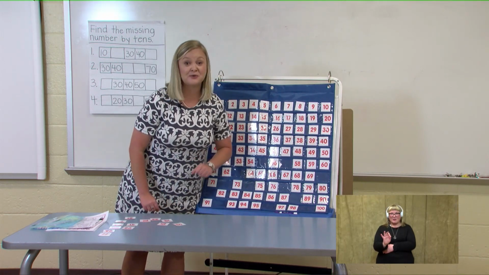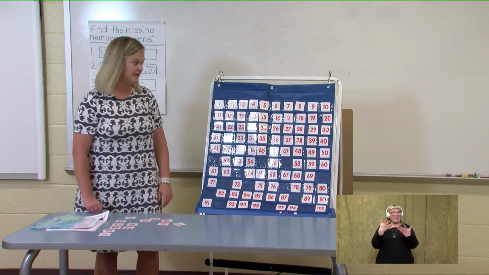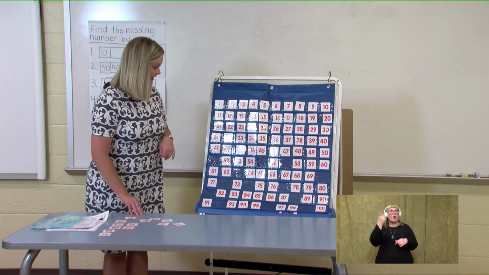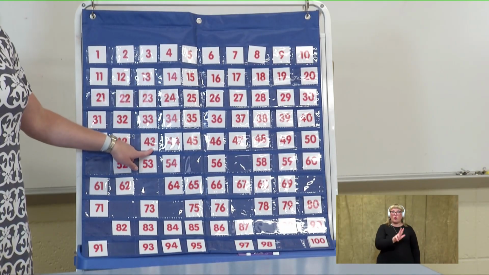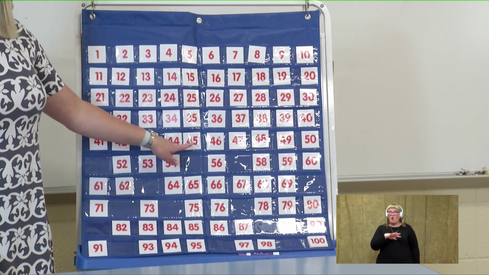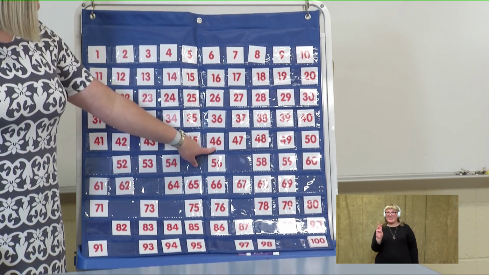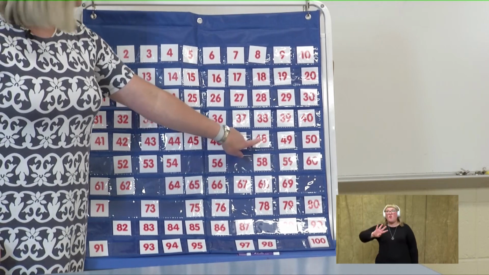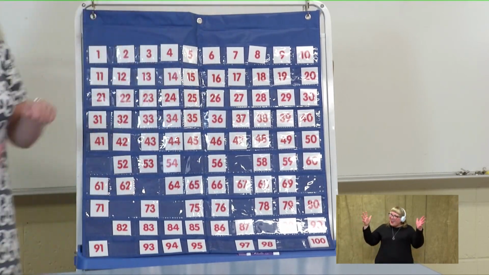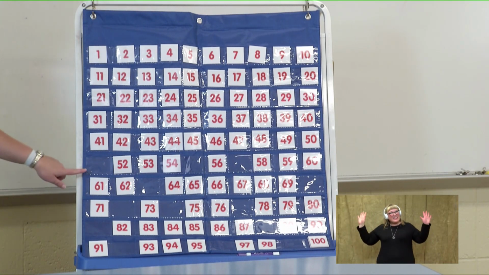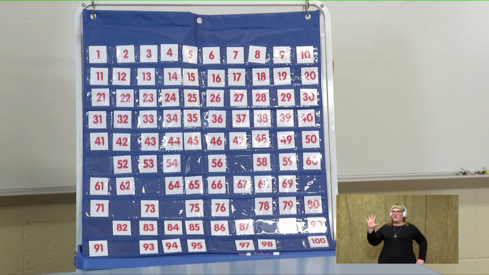And after we count this row, we will be halfway done fixing my big problem for the morning. 41, 42, 43, 44, 45, 46, 47, 48, 49, 50. Yay! We are halfway there. What comes after 50?